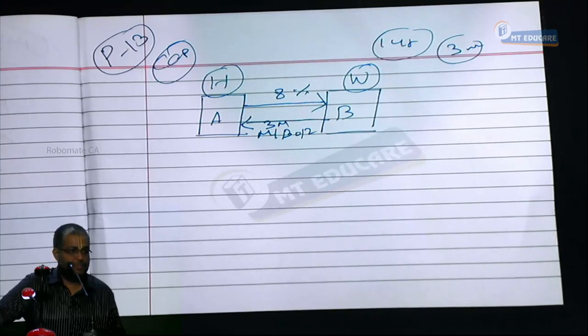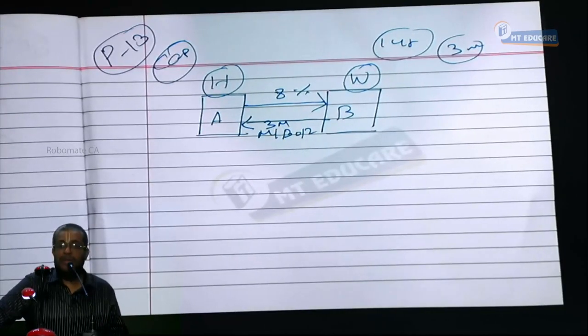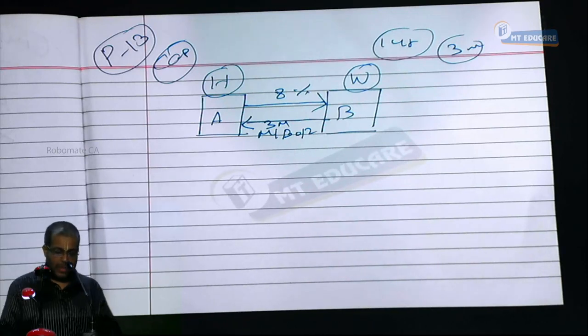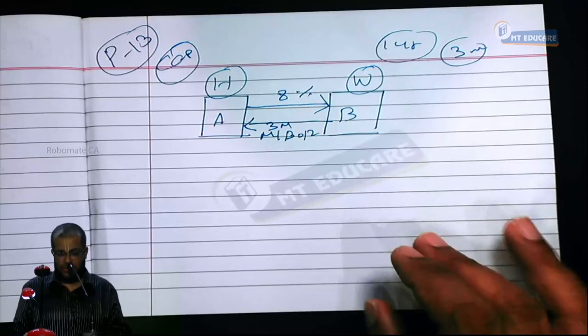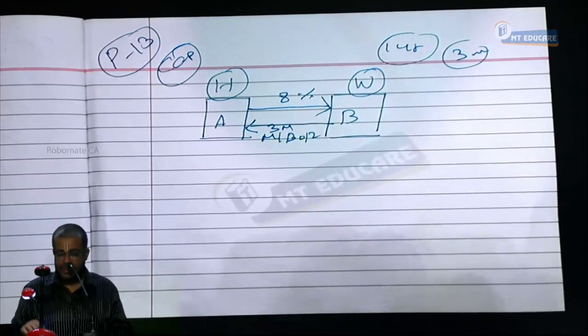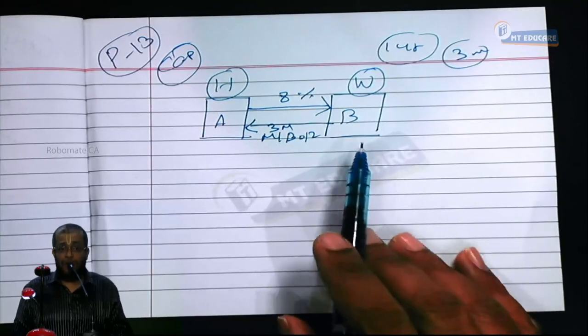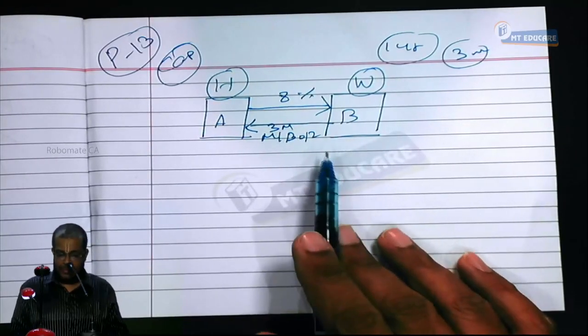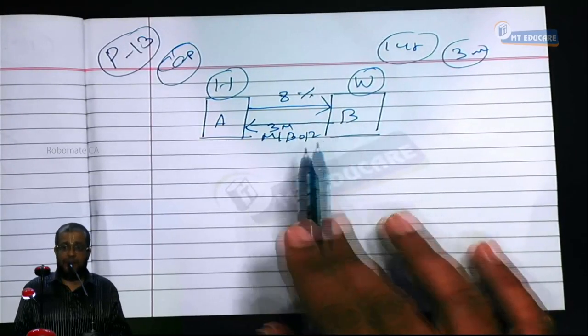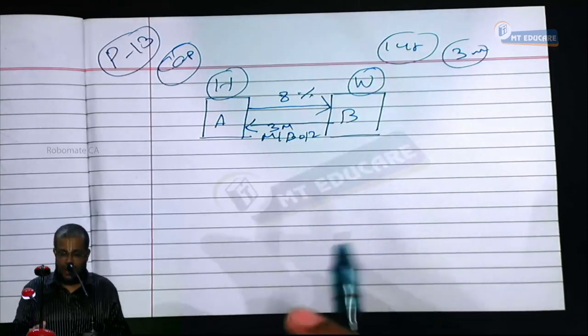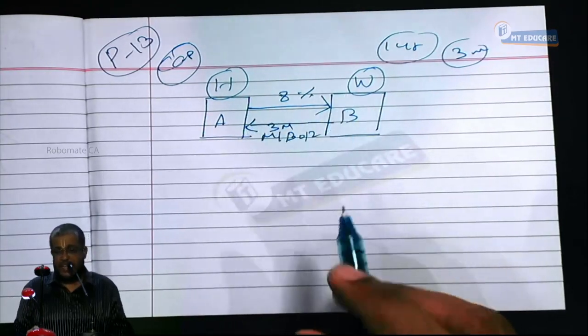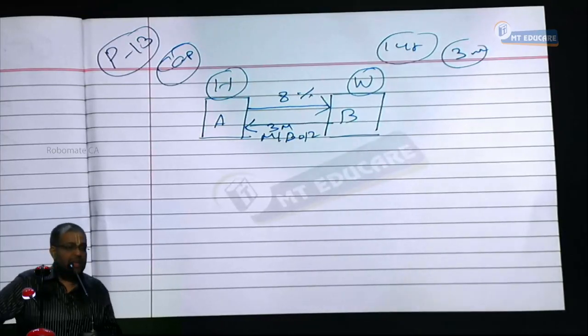Where he gets the right to receive. He gets the right to receive what? 3 months MIBAR, in exchange for how much percent? 8%.